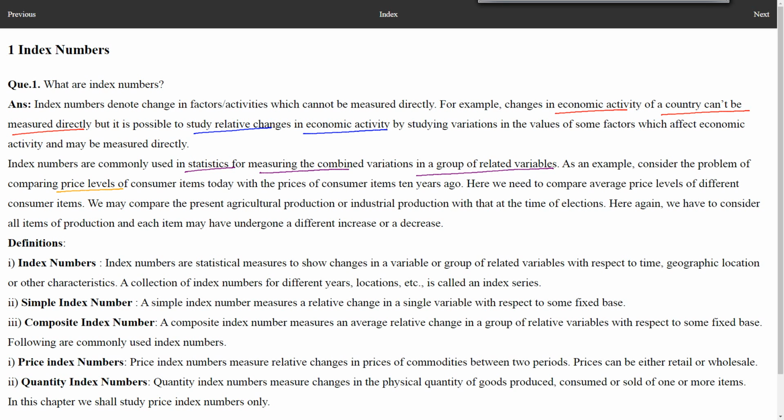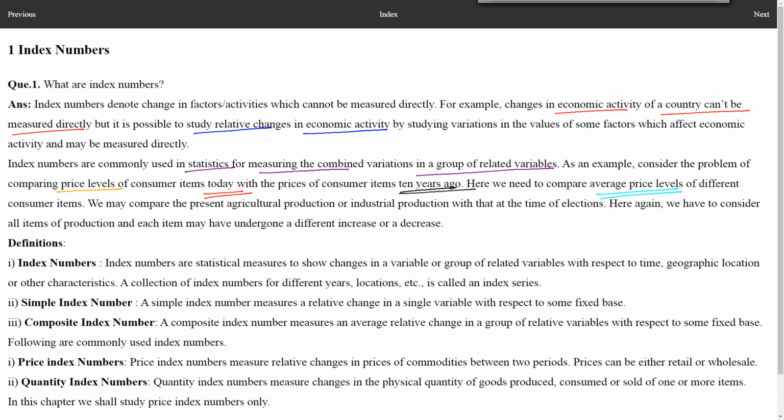So here the problem is of comparison, comparing the prices today with the prices which are 10 years ago. Means we have to study relative change in prices. Here we need to compare average price levels of different consumer items.